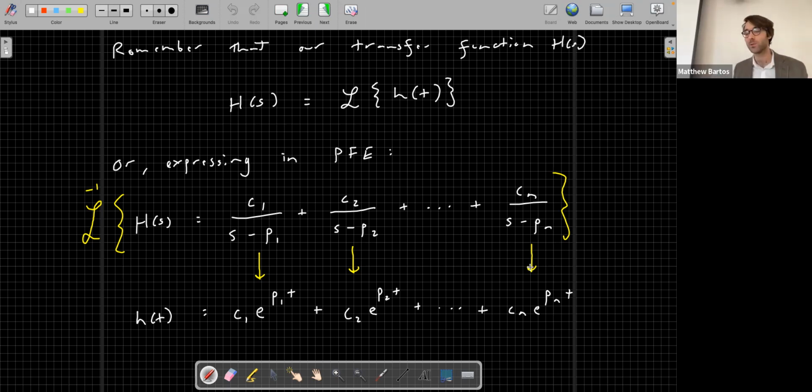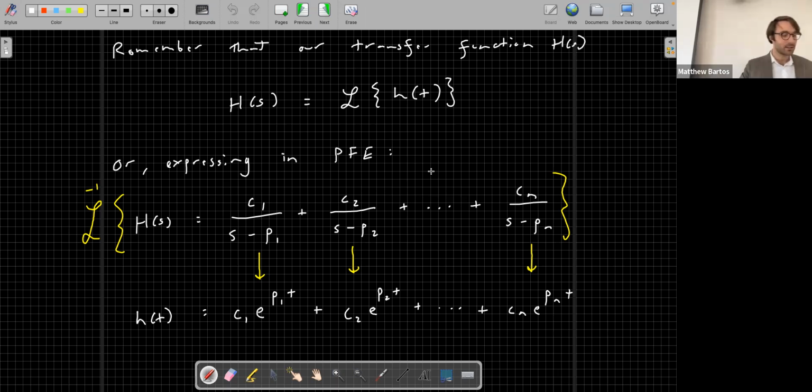And in this case, the poles tell us if the system is stable, because if any of these poles have a real part greater than 0, the response to the system, no matter what the input is, will go to infinity. Okay, so that's kind of generally what I mean by stability for the purposes of class today.